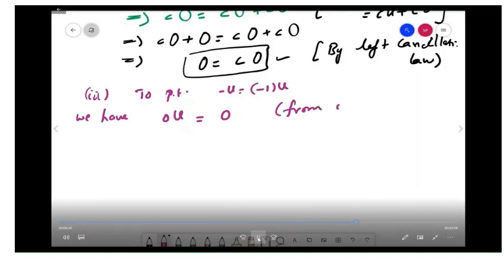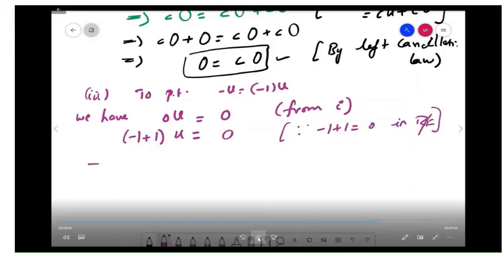In 1 we proved 0 scalar into u is equal to 0 vector. Now the left hand side 0, I'll write it as minus 1 plus 1, into u is equal to vector 0. Why? We know that in scalars, in real numbers, or in any field, denoted by F, minus 1 plus 1 is equal to 0.